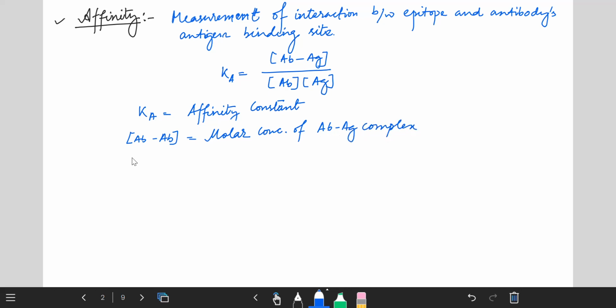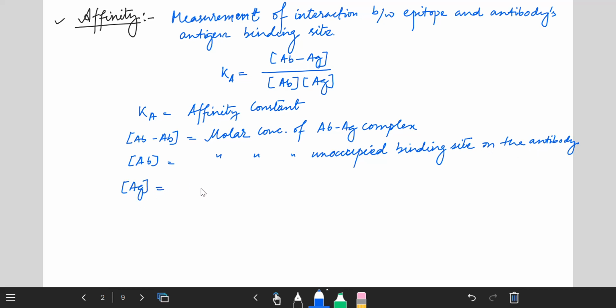And concentration of Ab denotes the molar concentration of unoccupied binding site on the antibody. And concentration of Ag equals the molar concentration of unoccupied binding site on the antigen.